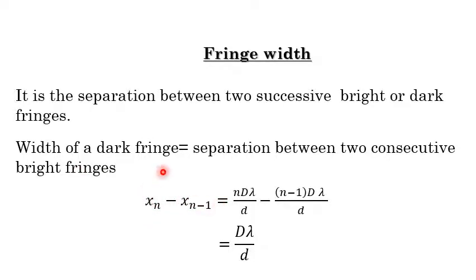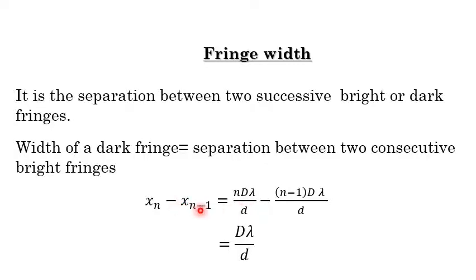Now we know xn equals n D lambda by d. n is the nth order, D is the distance between the screen and the slit, lambda is the wavelength of the light used, and d is the distance between the two slits.